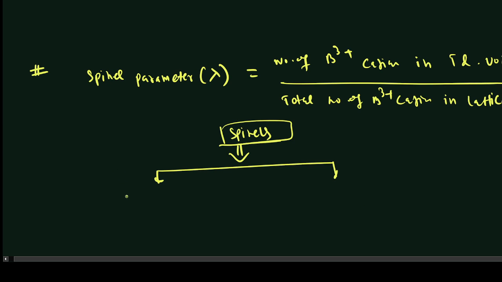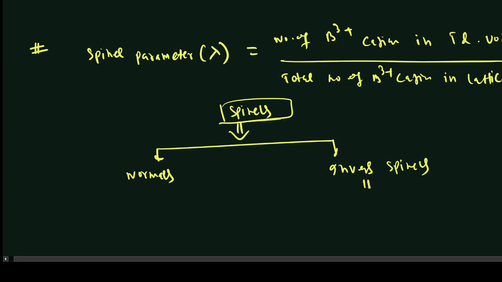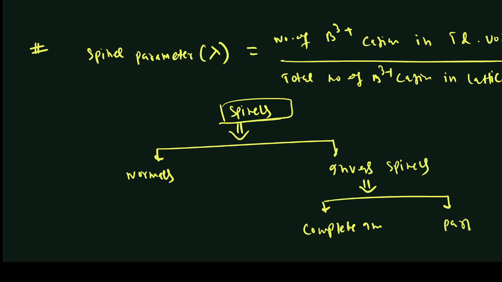Okay, so let's say we have two kinds of spinels: one is normal spinels and the other is inverse spinels. For inverse spinels, two cases are possible. One is complete inverse, another is partial inverse.